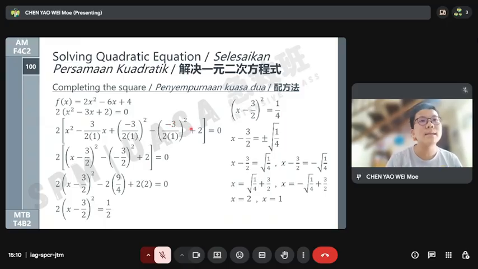C always remains constant, it doesn't change. Always remember, if you see the b here, you just put the negative. 2a, what is a? You see a from here, not from here.